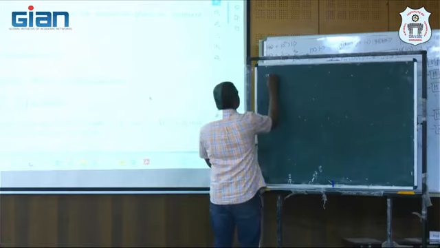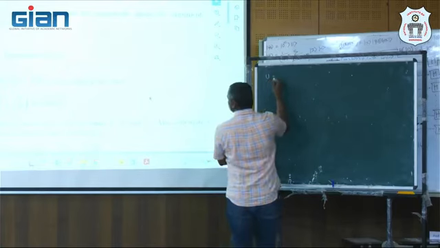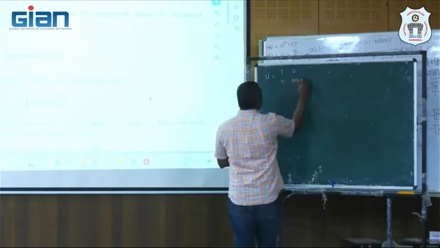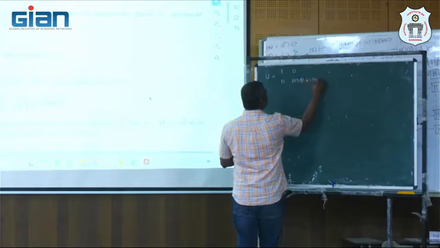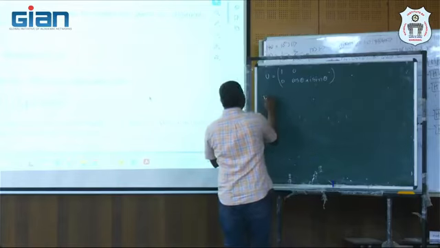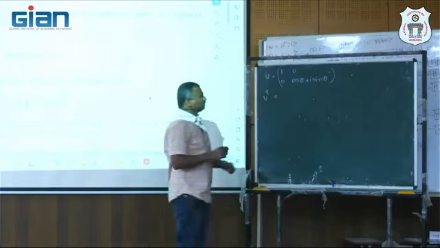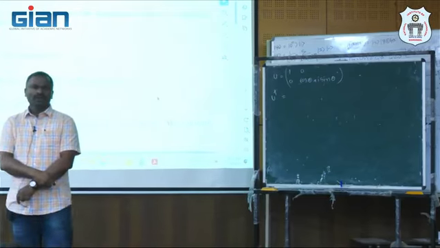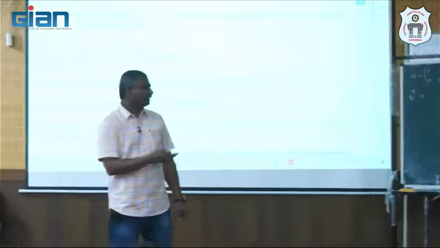Given matrix, let us call this U: 1 0 0 cos theta plus i sin theta. What is U dagger? Conjugate transpose we need to take now.